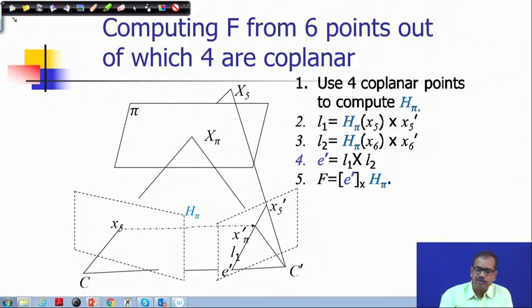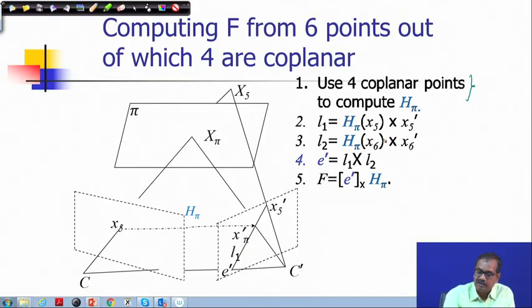Suppose you would like to compute the fundamental matrix from 6 points, out of which 4 are coplanar. Using those 4 coplanar points, we know that they establish a homography. So, their corresponding points have a relationship of homography among themselves. You can compute the homography matrix H pi using those 4 points, and then you can find the epipoles by computing the epipolar line.